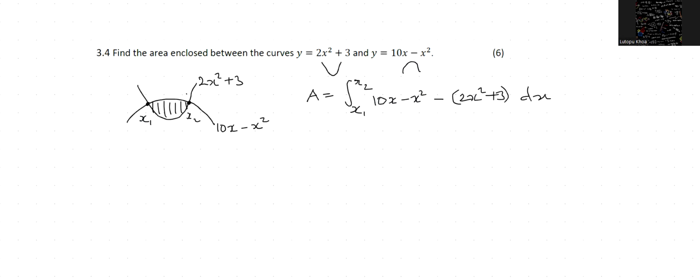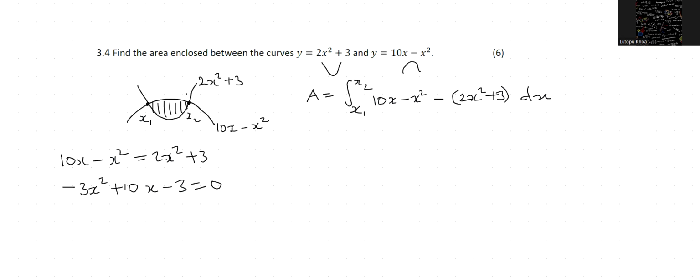You just need to work out what are x1 and x2. So we solve these two simultaneously. So we say 10x minus x squared is equal to 2x squared plus 3. So we have, this one goes to the other side, minus 3x squared plus 10x minus 3 is 0.